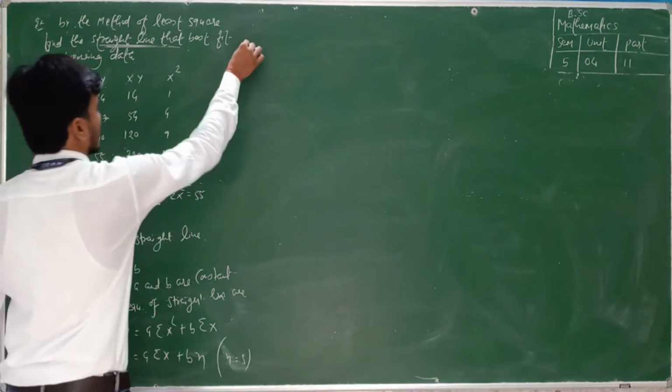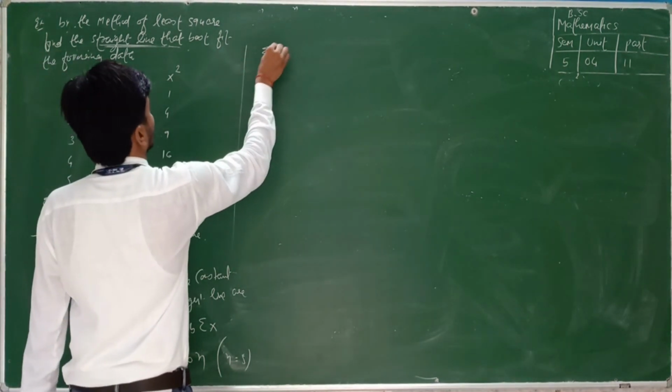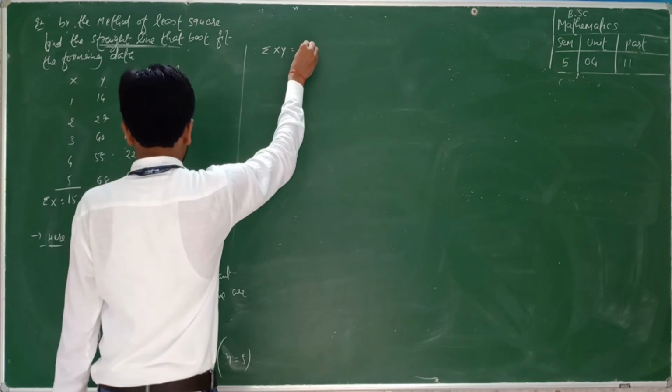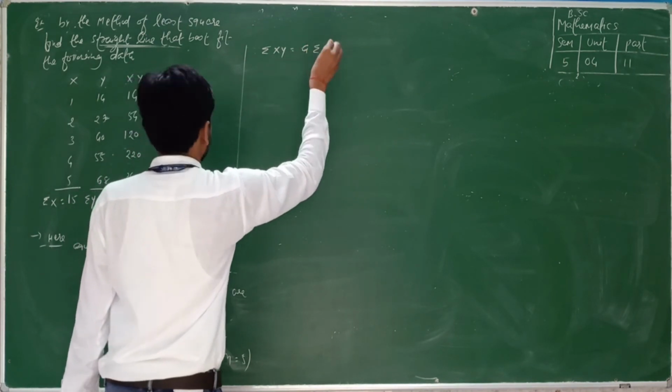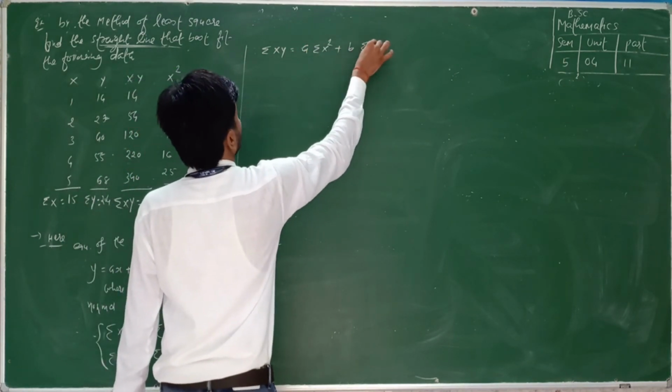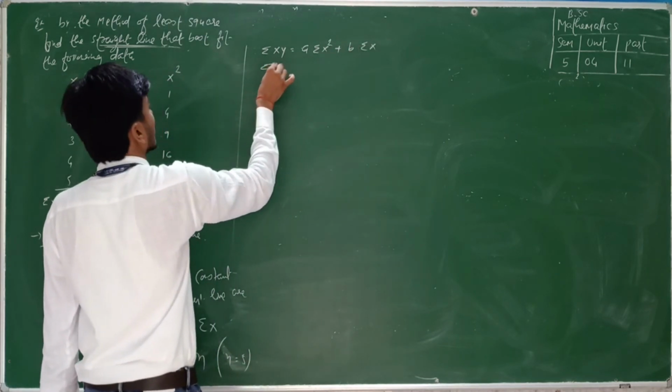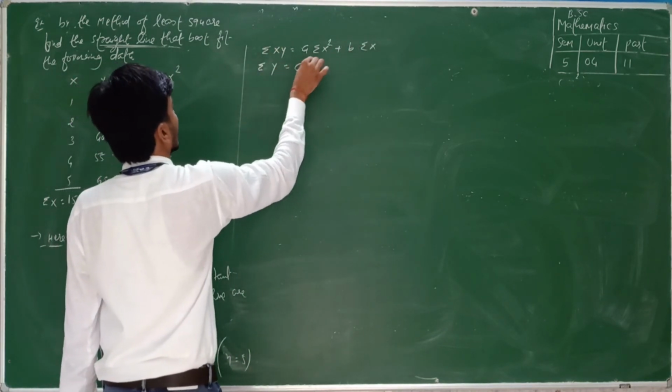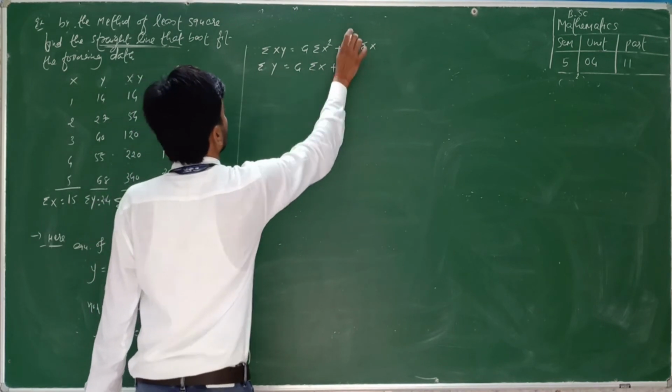Now we write again: sigma xy equals a into sigma x square plus b into sigma x, and sigma y equals a into sigma x plus b into n.